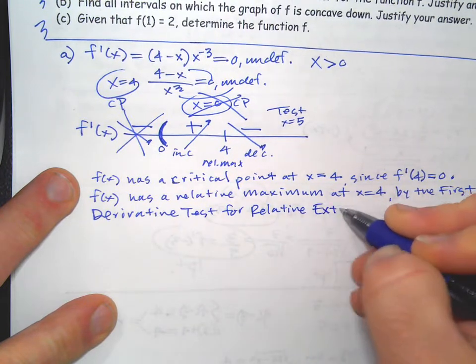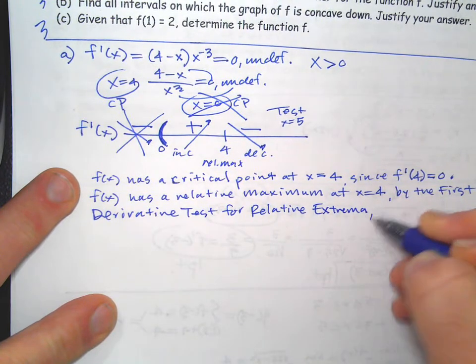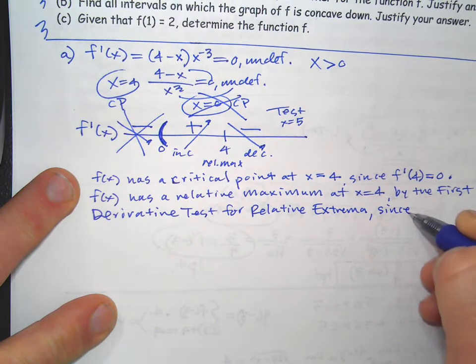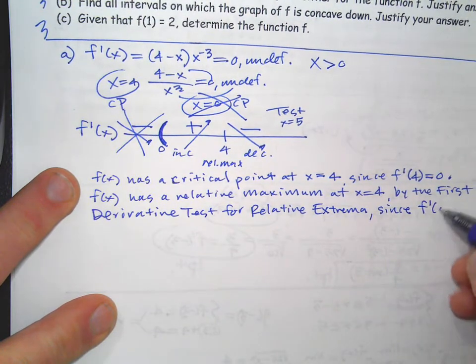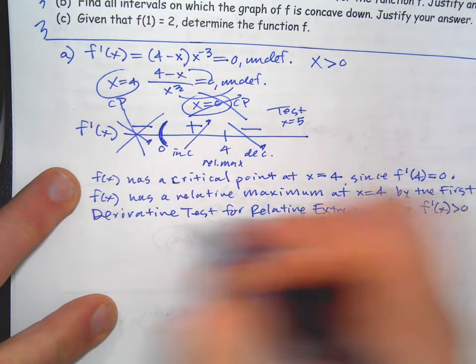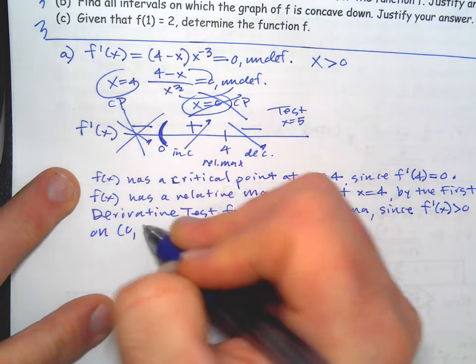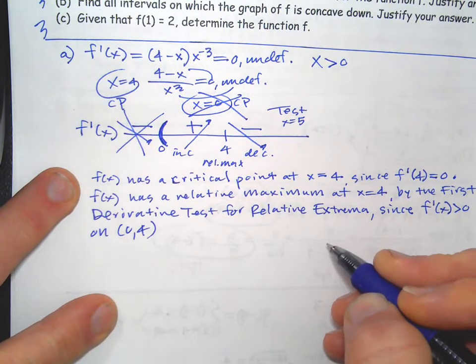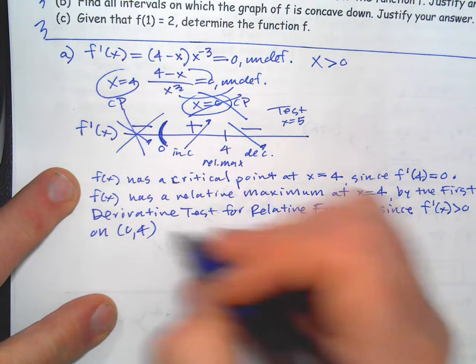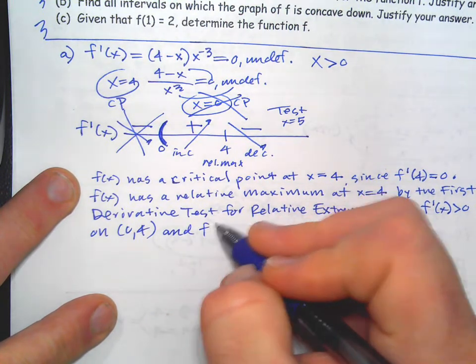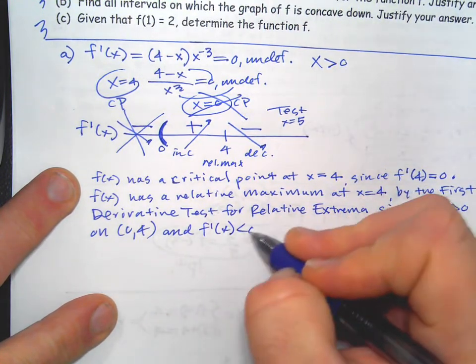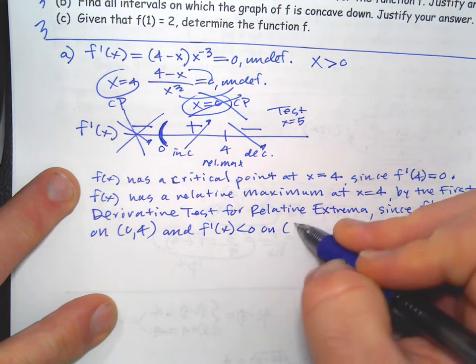Okay, how does that work? Since f prime of x was positive on the interval 0 to 4, don't just say less than 4, because it's not true. 0 to 4 is positive, and f prime of x was negative on the interval 4 to positive infinity.